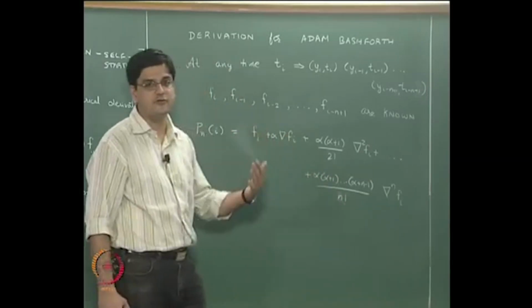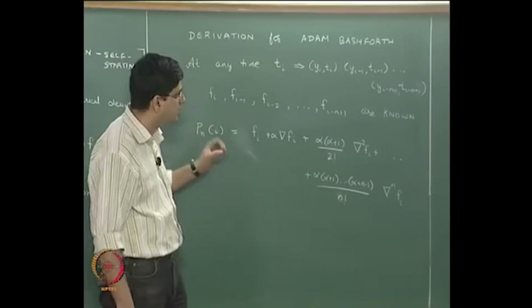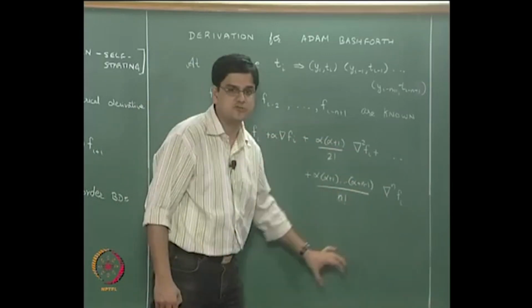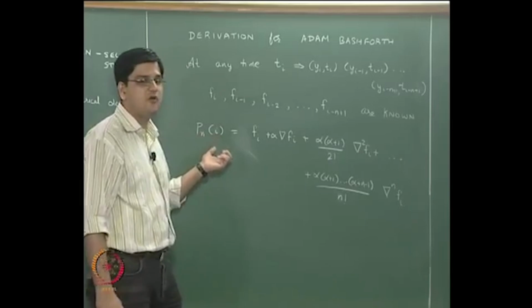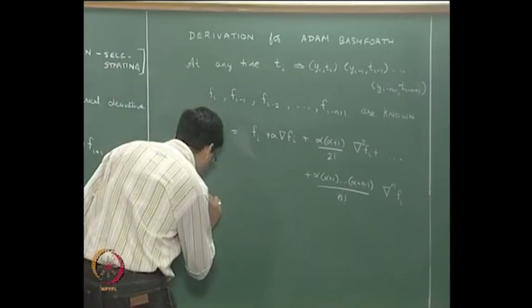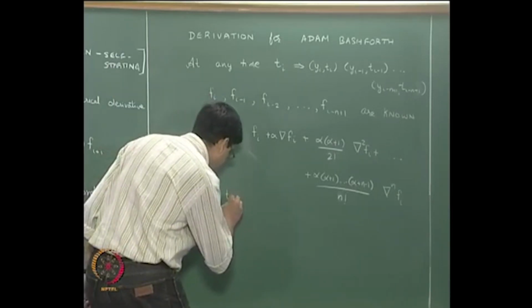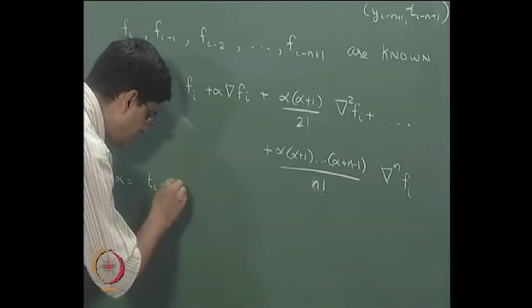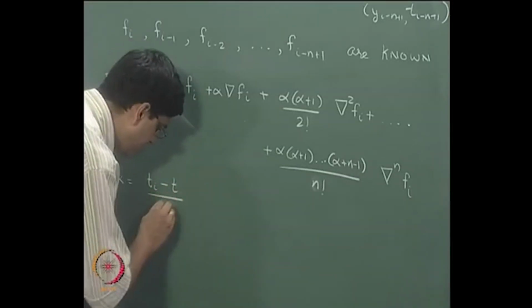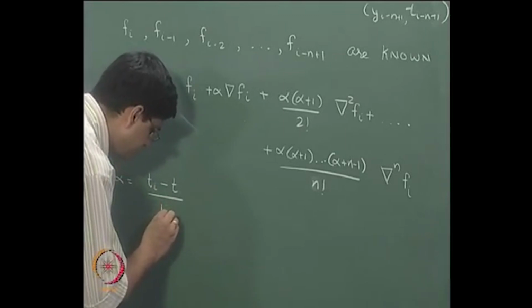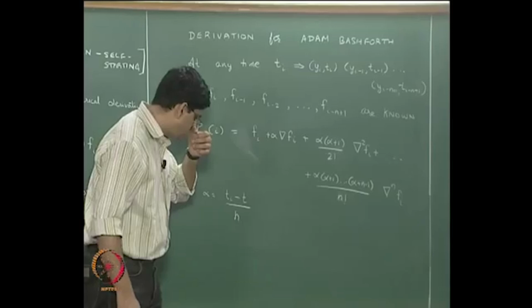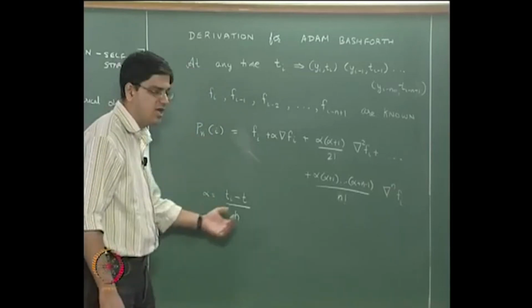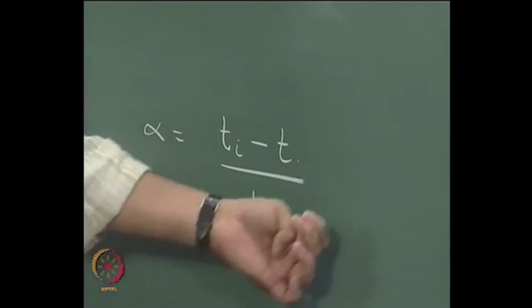As a result, we have to use a Newton's backward difference formula, and using this formula, now we have an estimate of what the slope is going to be. Alpha at any time is (t minus t_i) divided by h. Okay. So, at i, alpha is going to be equal to 0, at i+1 alpha is going to be equal to minus 1.